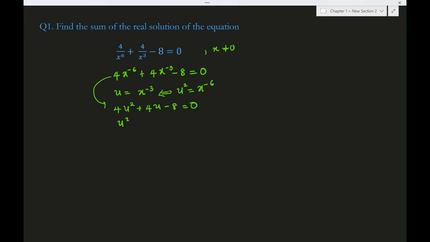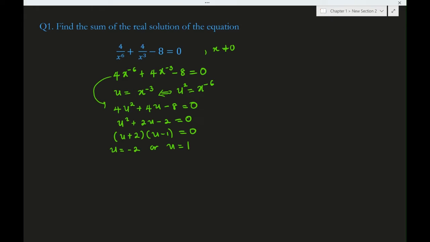Now, we can divide both sides by 4 so that you have u squared plus u minus 2 equals 0, and this we can easily factorize as u plus 2 and u minus 1 equals 0. So it means that u equals minus 2 or u equals 1.